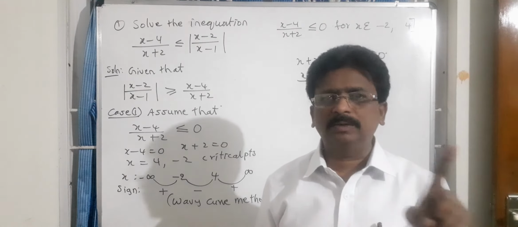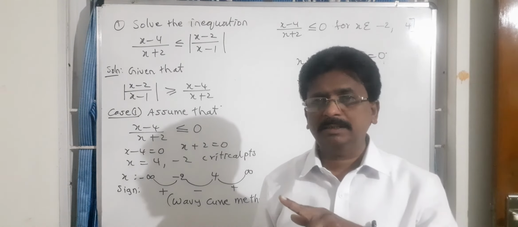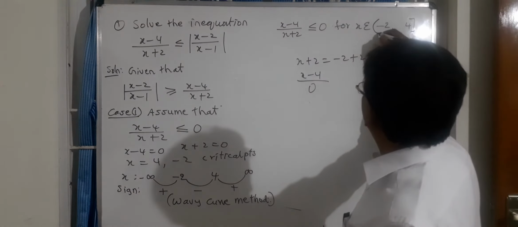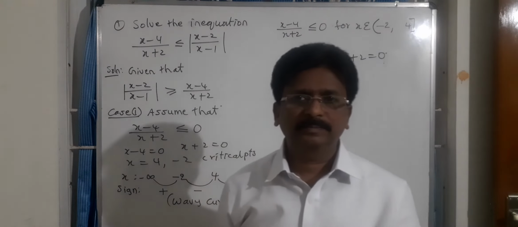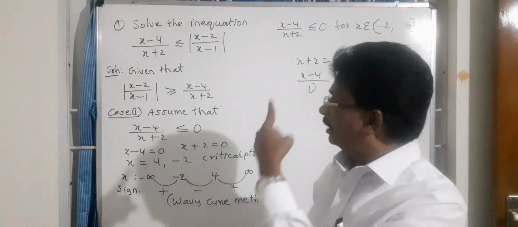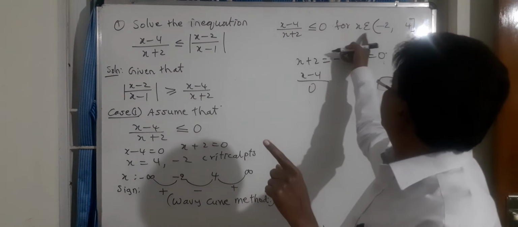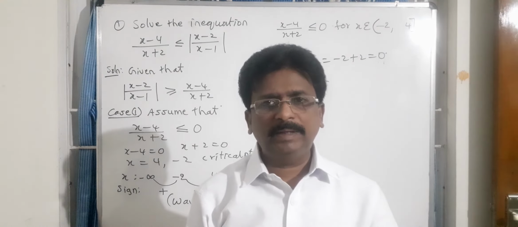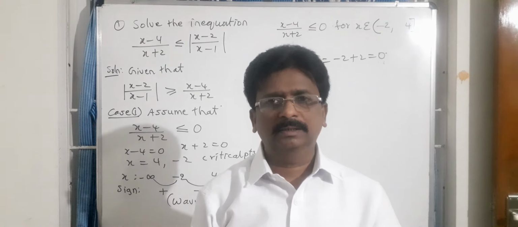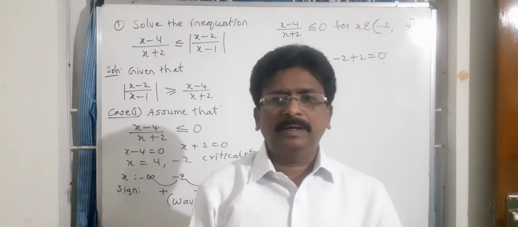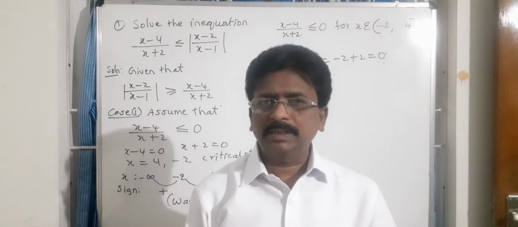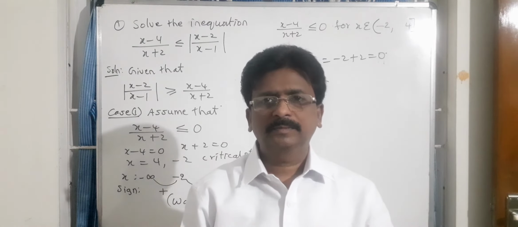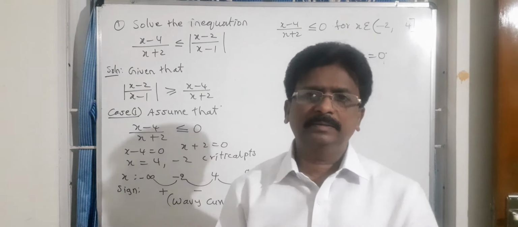Therefore, -2 should not be included because the denominator is getting 0. So, open bracket we have to mention there. So in one case, we got the solution interval. To solve means we have to find the solution. Solution means the set of all the x values. Those x values are represented by an interval. So we got the one interval.